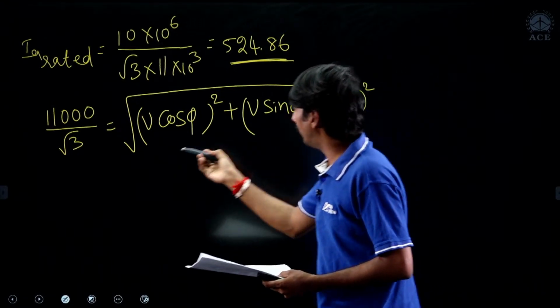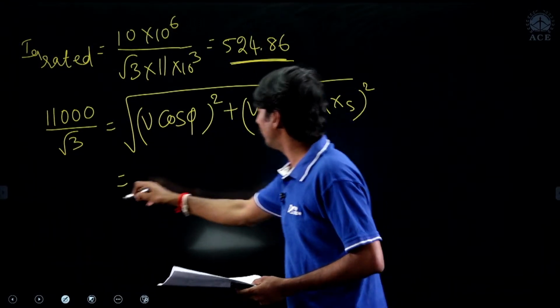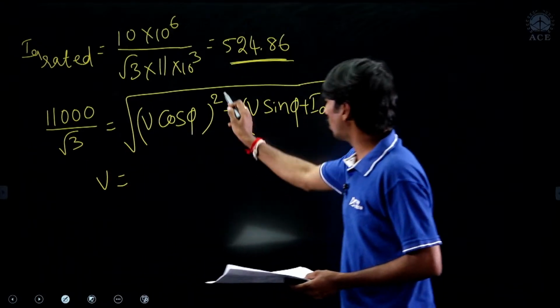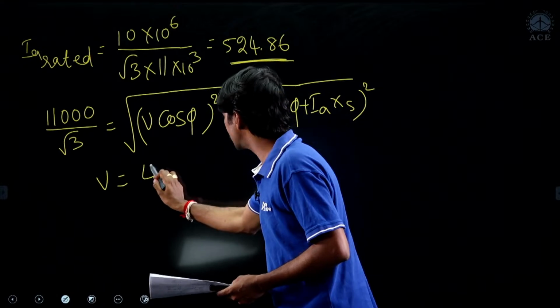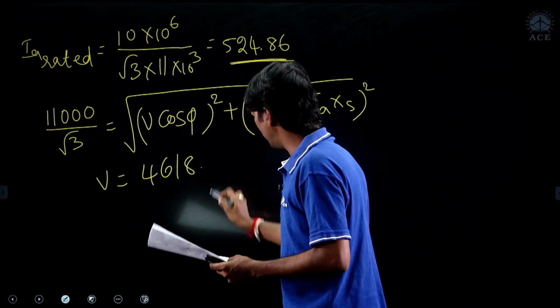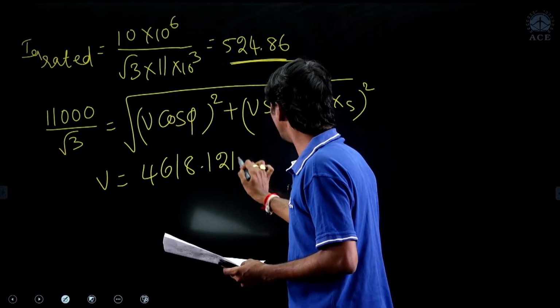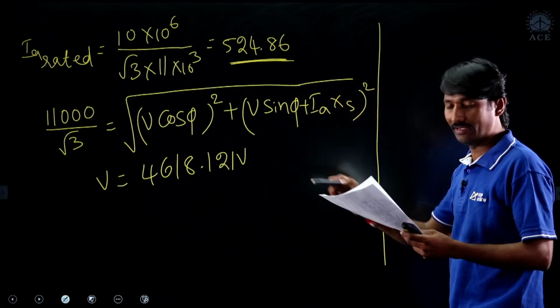If you substitute cos phi, sin phi and XS values, you will be getting approximately 4618.121 volt. So this is the V value.